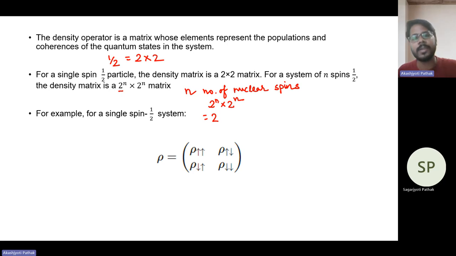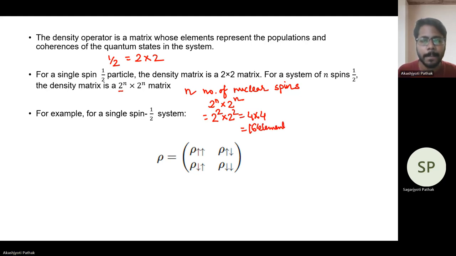One nuclei can have alpha and beta state, and similarly, the second nuclei can also exist in the alpha state and the beta state. So we will do 2 square into 2 square, so a 4 into 4 matrix. A 4 into 4 matrix has how many elements? It has 16 elements. So for a system of n spins half, the density matrix is a 2 to the power n into 2 to the power n matrix.